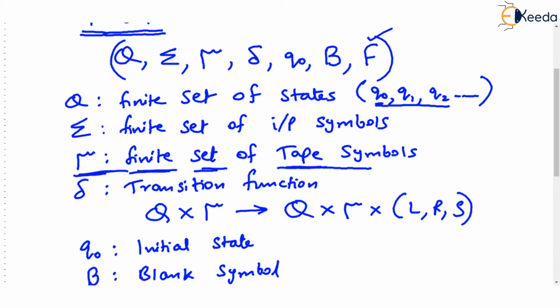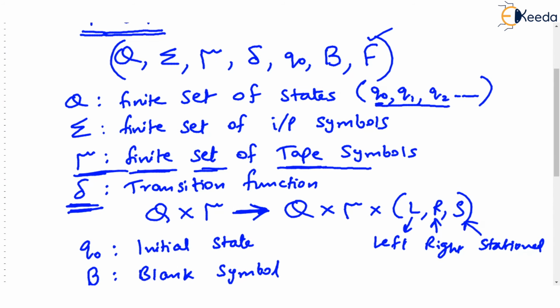Okay, next is the most important thing, delta, the transition function. You know, all the working is hidden in this delta. If you understand delta, you have understood the Turing machine. Now, the definition of delta is Q cross tape symbol results in Q cross tape symbol cross left or right or stationary. Now this L means left, R means right, and S means don't move. Stationary, don't move.